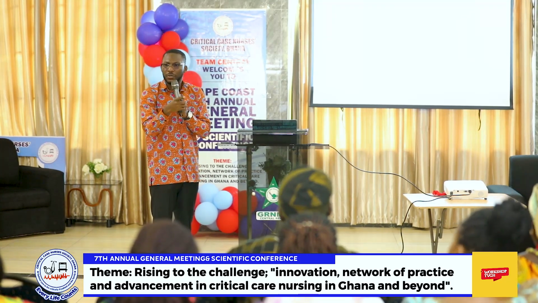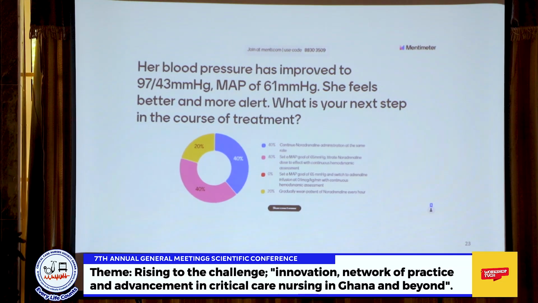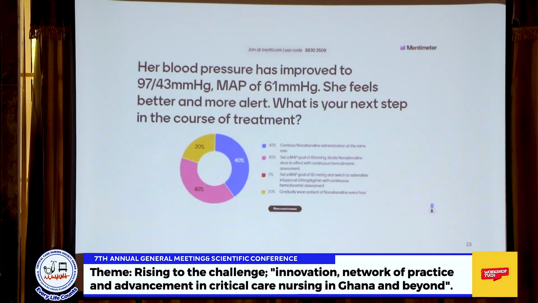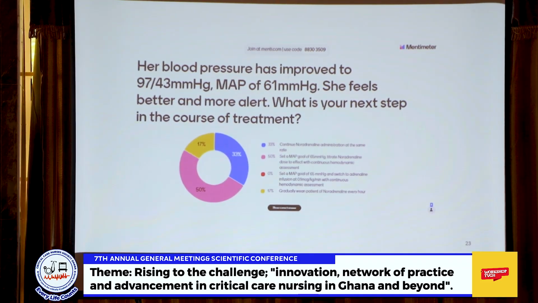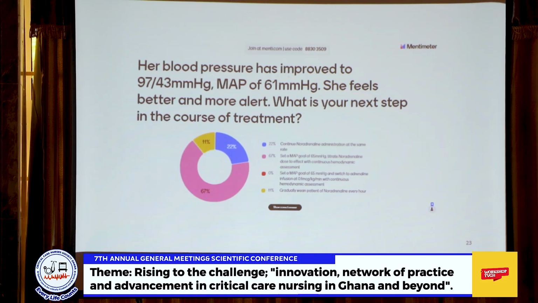This is a question showing. Interesting. It seems there are 3. Okay, it's changed now. I think the highest is to set MAP goal of 65, titrate noradrenaline to effect with continuous hemodynamic assessment.